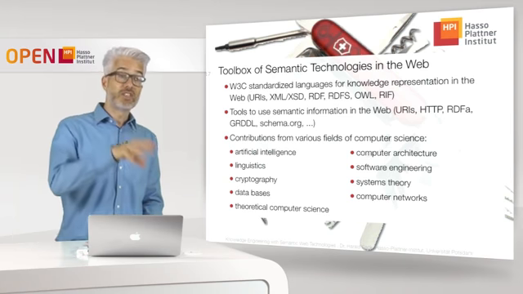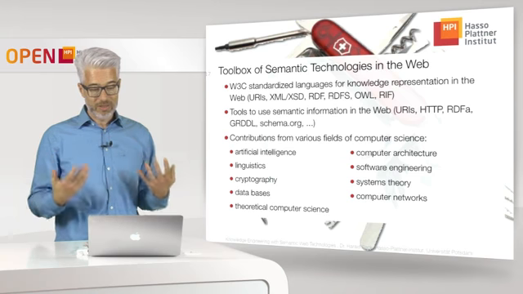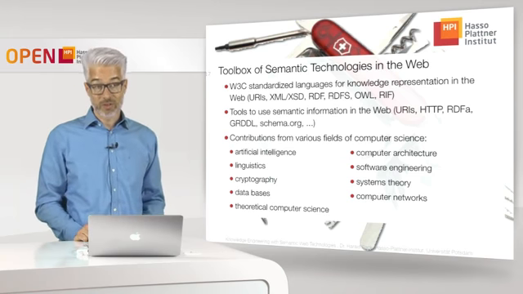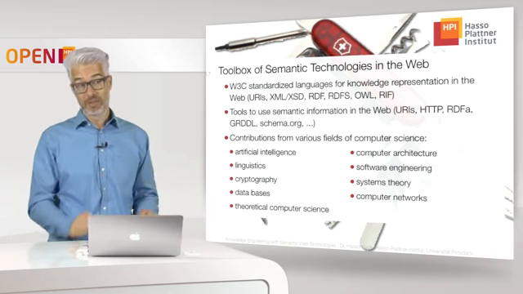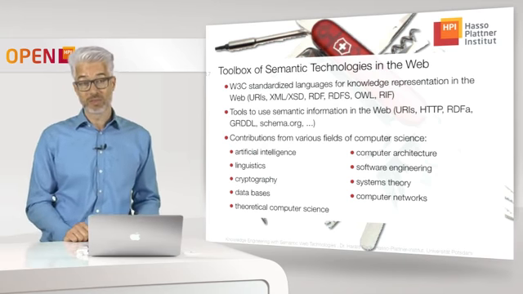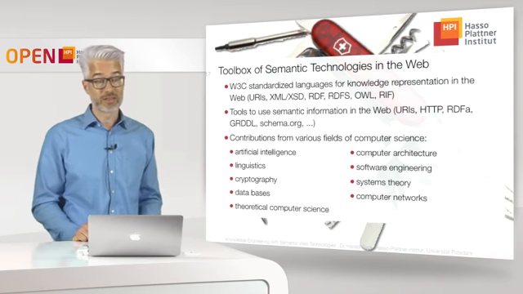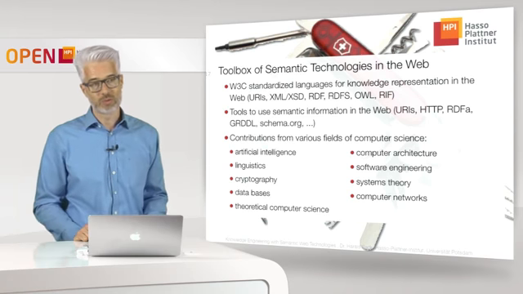And in general, knowledge engineering in the semantic web requires contributions from various fields of computer science. First of all, of course, we have to talk about artificial intelligence. And here we are talking about soft artificial intelligence, which means things like machine learning, for example, or optimization technologies, natural language processing technologies, which also refer to linguistics.